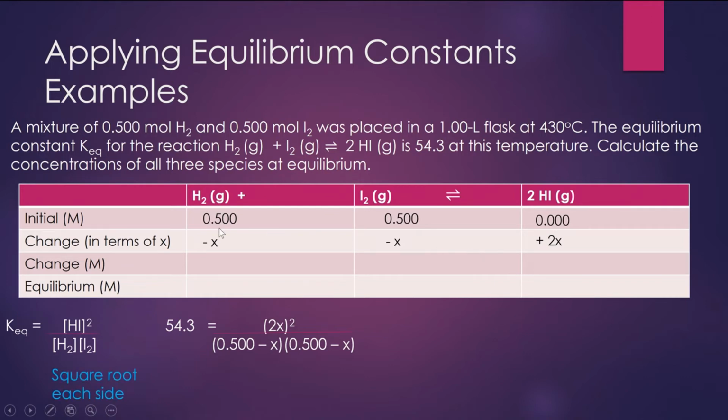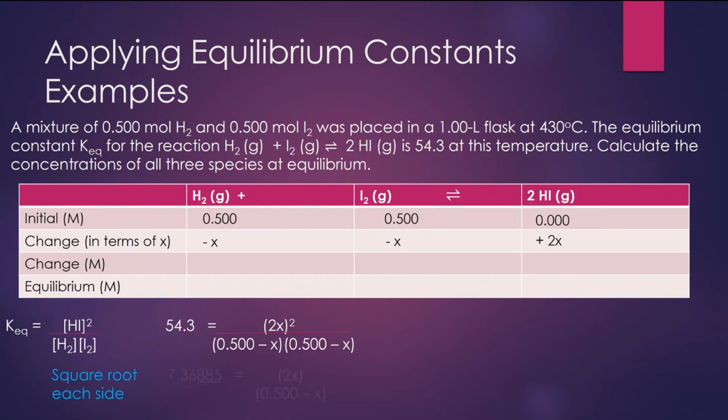Let me go back a second and explain this: we know that our initial concentration for H2 will be 0.5, and at equilibrium we will have reached 0.5 minus X. So that's where this comes in right here. The iodine is the same story. We have 0.5. We're going to lose or use up X of it, so 0.5 minus X. And then our HI will be 2 times whatever X is, so 2X, and we're going to square it.